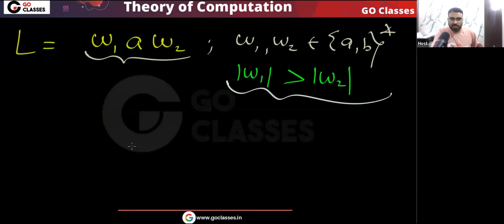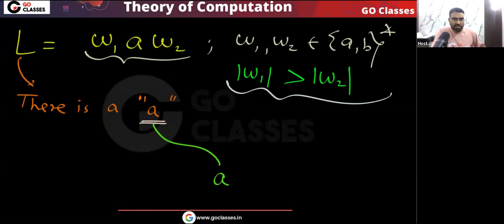Please understand, there is an A such that I have this A somewhere, such that after this you have fewer symbols and before this you have more symbols. This type of A is there.